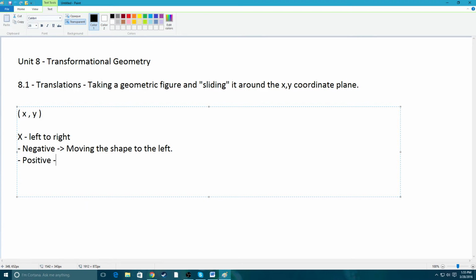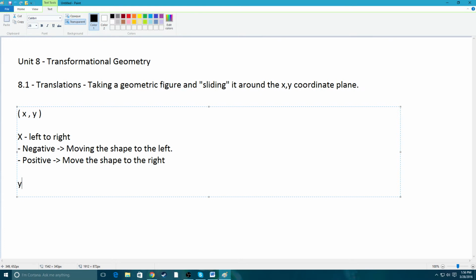If x is positive, however, we're going to move the shape to the right. So negative, subtracting, means we are moving it along the x-axis to the left, in the negative x direction. Positive, adding, means we are moving in the positive x direction along the axis to the right.